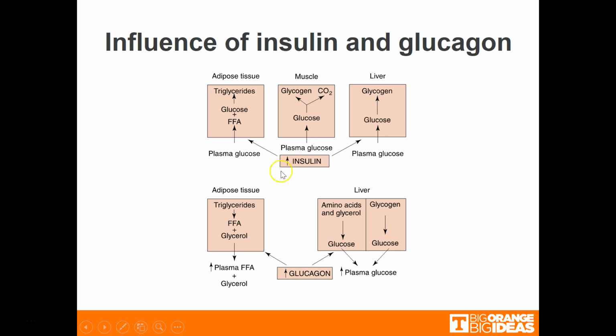So in the top part, we have insulin, and that's going to impact the adipose tissue, muscle tissue, and liver. The adipose tissue, it's going to lead to plasma glucose being taken up and being converted to triglycerides. At the muscle, the plasma glucose is going to be taken up by the muscle and used as the primary substrate in glycolysis to create ATP.